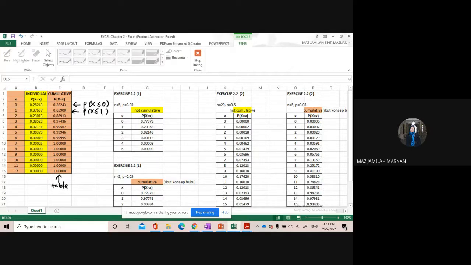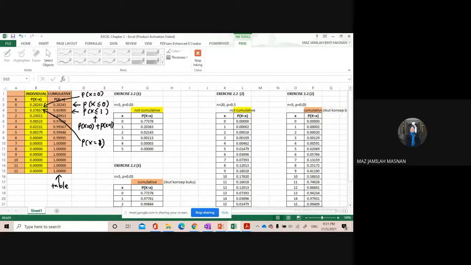When I say less than or equal to 1, it means that we add the probability of x equal to 0 plus P(X = 1). Whereas in this part, specifically for individual, we are talking about the exact value of x, and here we have P(X = 1).